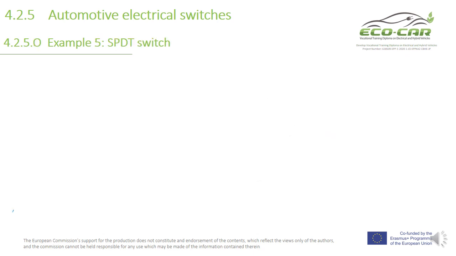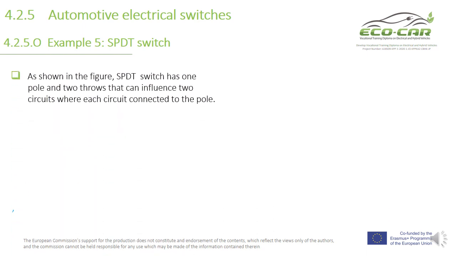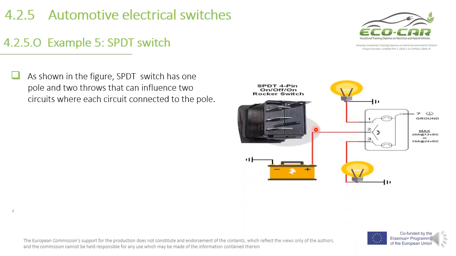Example 5 about single pole double throw switch. As shown in the figure, a single pole double throw switch has one pole and two throws that can influence two circuits, where each circuit is connected to the pole. As you see here in this figure, we have a single pole double throw switch, 4 pins, 1, 2, 3, 4.